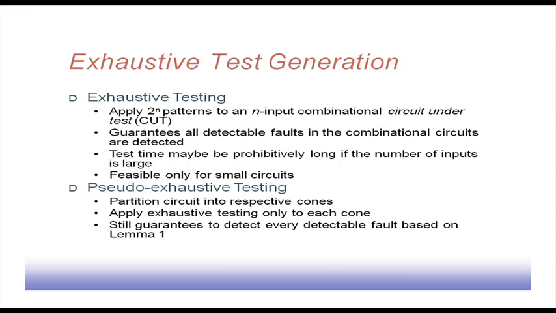It is only necessary to excite the input cone with all possible patterns. If we can partition into cones and exhaustively test each cone, then the complexity may be less, but it still guarantees to detect every detectable fault, based on the previous result that we have shown, the d min expression. So, continue in the next class.